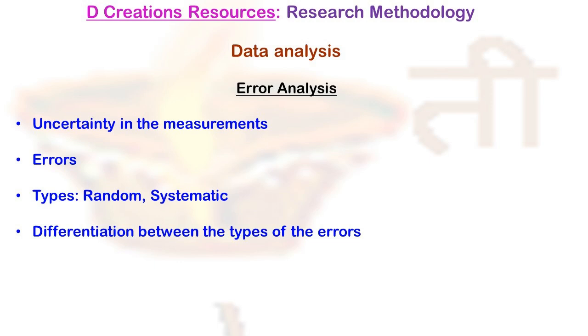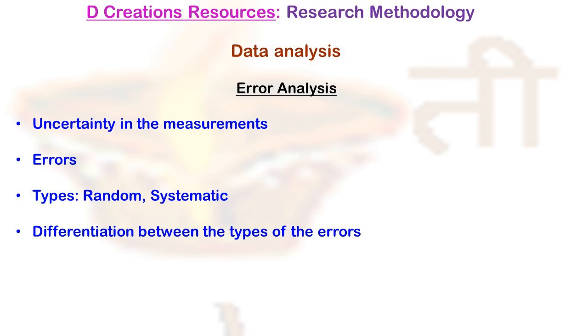Such errors occur irregularly, so that's why the name random is associated, and they are unpredictable, right? So you do not know that suddenly a fluctuation will occur. Also, if a random error occurs once, there is no way that you would be able to predict when a random error would occur in future, right? In other words, these are uncorrelated.